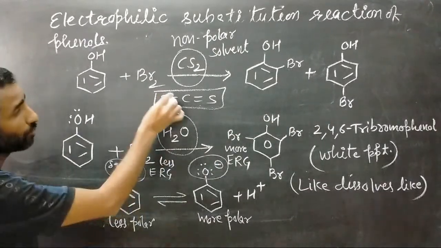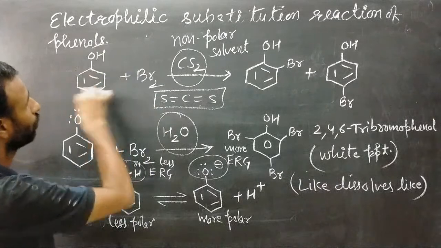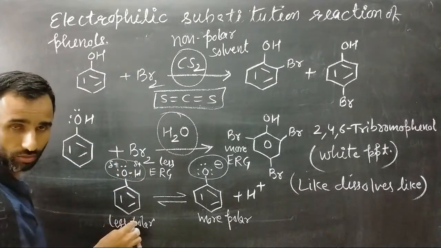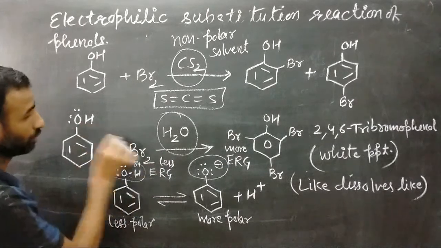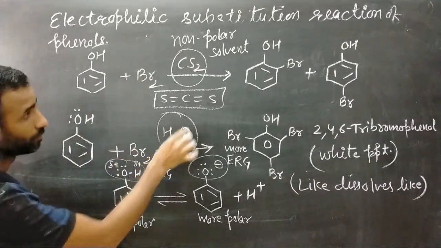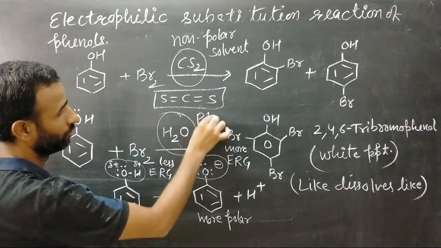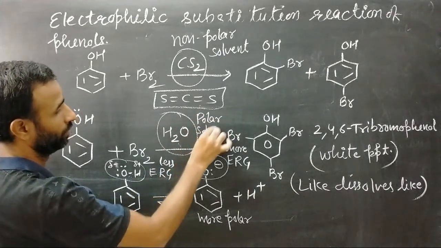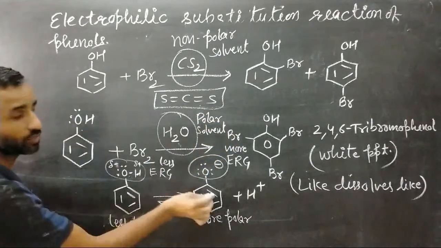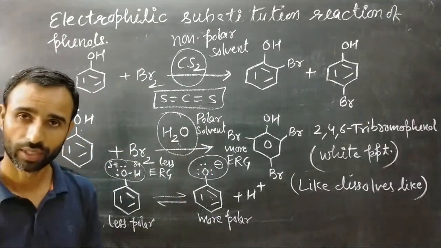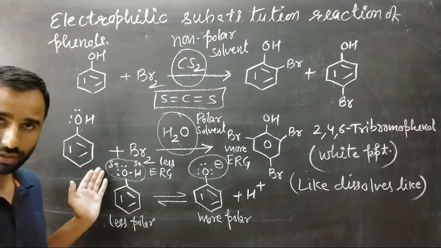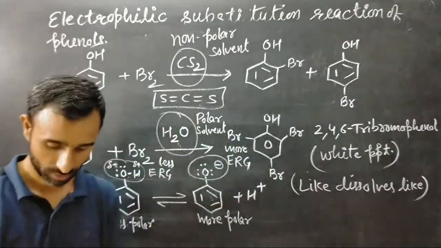So in non-polar medium, phenol exists as such, which is less electron releasing, but in polar medium, phenol exists as phenoxide ion, which is a more electron releasing and more activating group, so we get the tribromo product.